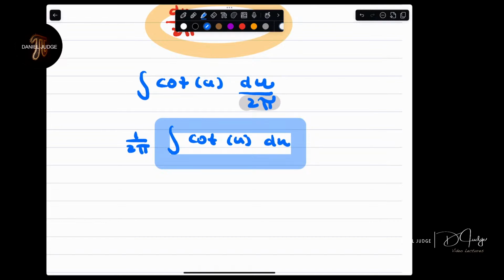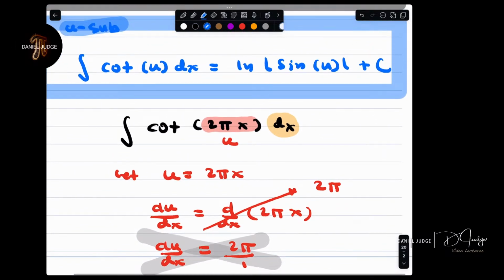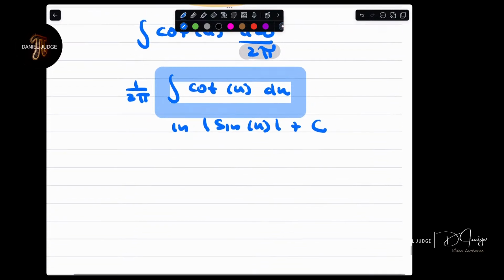Now you get to apply the formula you memorized. Remember, the integral of cotangent is natural log absolute value of sine. So we replace this with natural log absolute value of sine, so I have 1 over 2 pi times that natural log absolute value of sine.